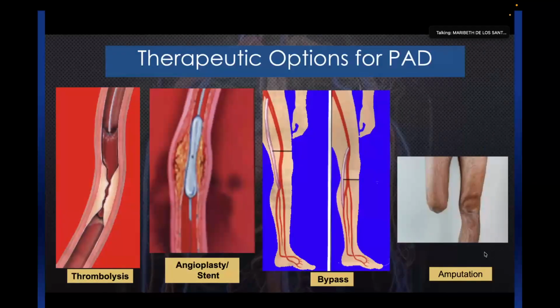Angioplasty with or without stent placement, and bypass of the occluded vessel, bypass of the lower extremity. And when all of these revascularization modalities fail, amputation is the last resort, especially for those patients with the infected non-healing wound or ulcer that can cause sepsis if you will not remove the source of infection.